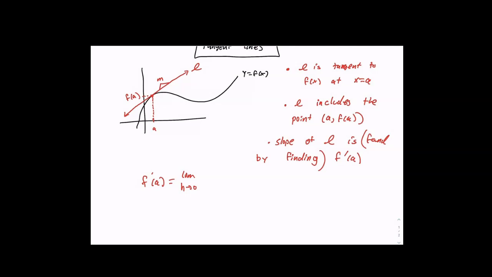You should be able to just look over and tell me what it is directly in your notes, or of course, find it on your own. f open parentheses x plus h close parentheses, here a plus h, because we're going to find it at A, close parentheses, minus f of A. Good. Over h.